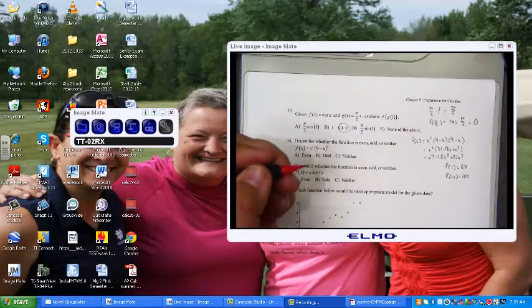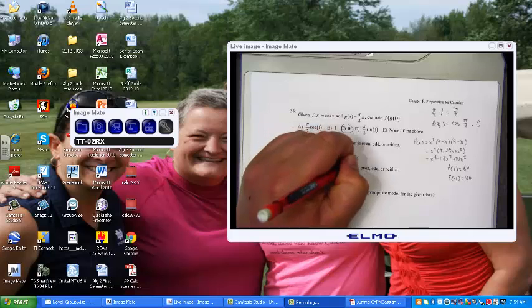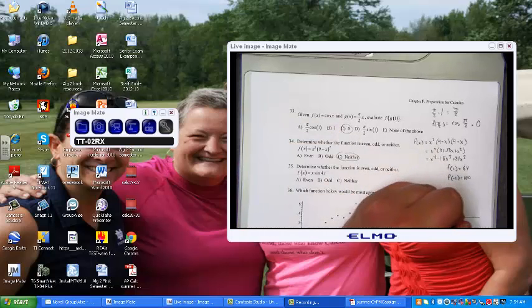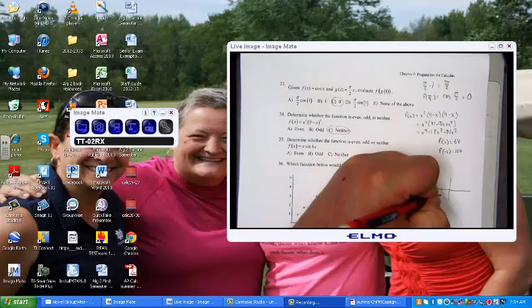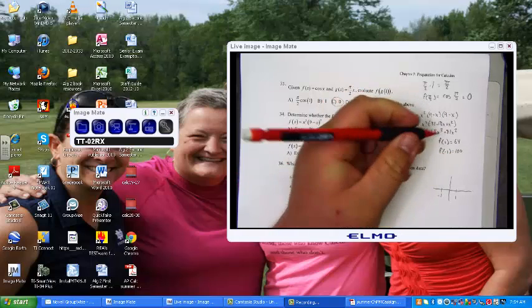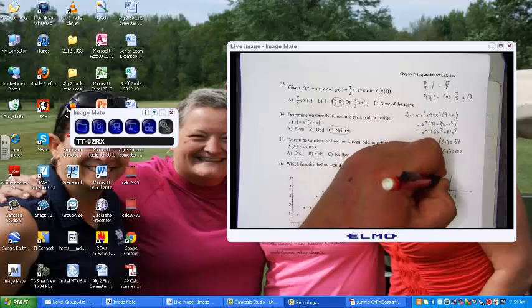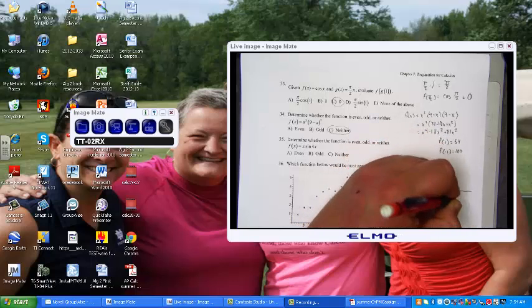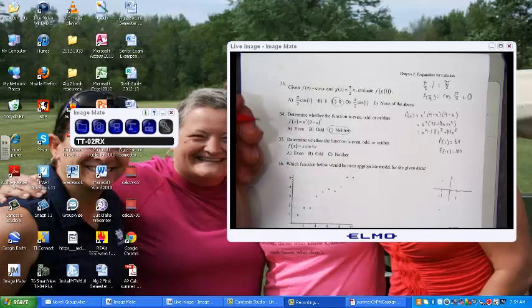Because of that, the answer would be C, neither, because on a graph, when you plug in, say, negative 1 and 1, for it to be even, both answers would have to be the same. To be odd, the answers for negative 1 and 1 would have to be opposites, but because this is neither of those, it would be C, neither.